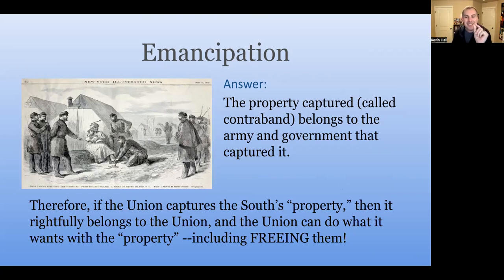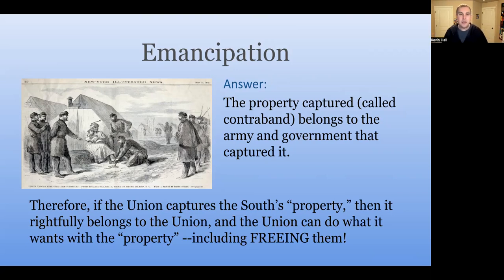So Lincoln is using this argument and saying, okay, so if we win a battle, then we get your guns and we get your horses and we get your food and we get your barrels and carts and wheels and shovels and everything. We get your property, including your slaves, because you say that slaves are property. Therefore, if we win the battle, then we get your property.